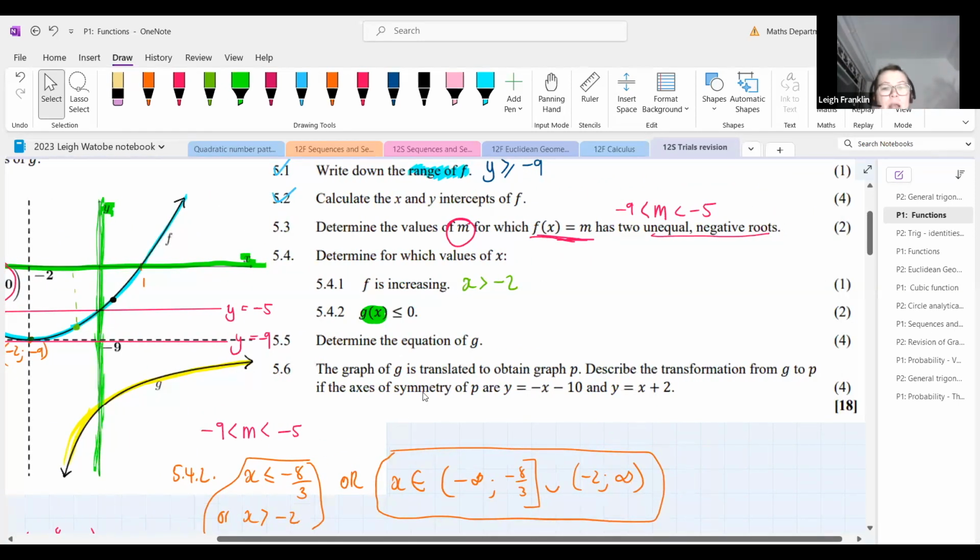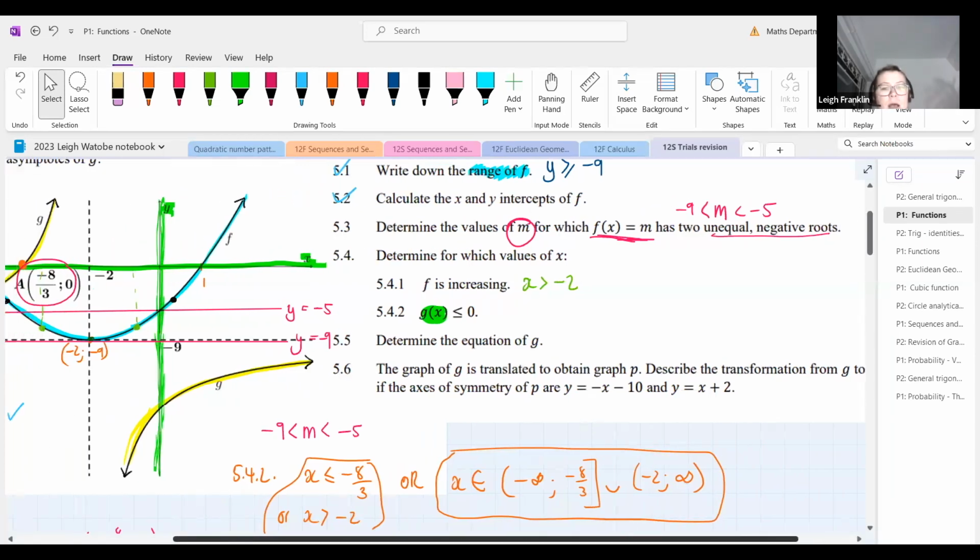Okay, and everybody else, we've got the equation of G. Now they tell us the graph of G is translated to obtain graph P. Describe the transformation from G to P if the axes of symmetry of P are y equals minus x minus 10 and y equals x plus 2. So this is something to think about.